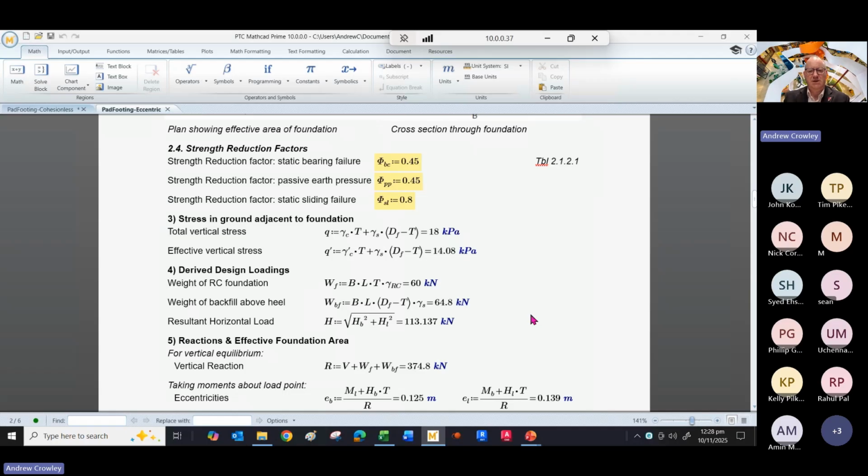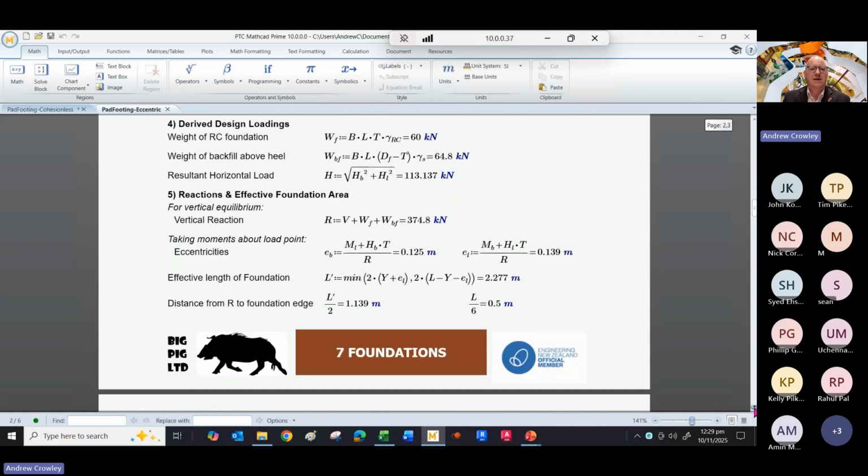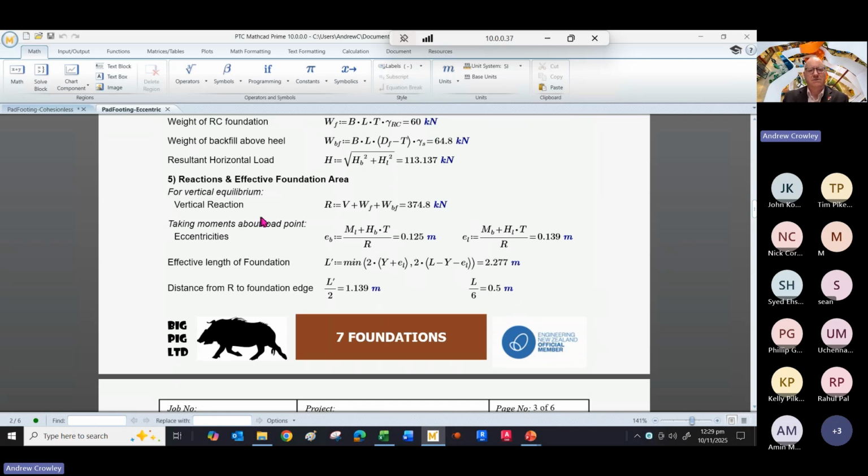We derive our design loadings. So we've got our weight of the foundation, the weight of the backfill. With that, you can add that to the applied vertical load to get a total vertical reaction of 374 kilonewtons.